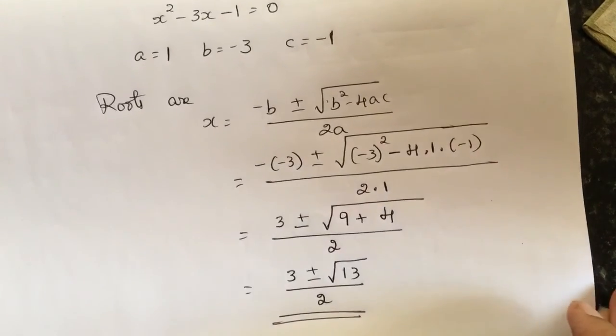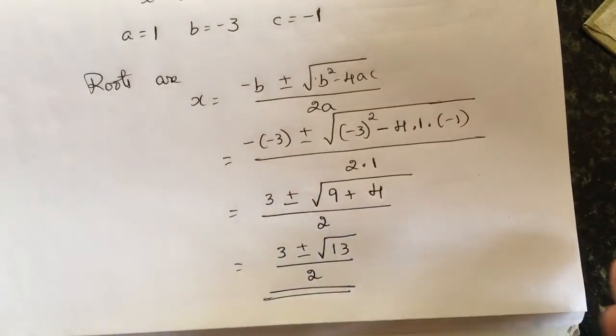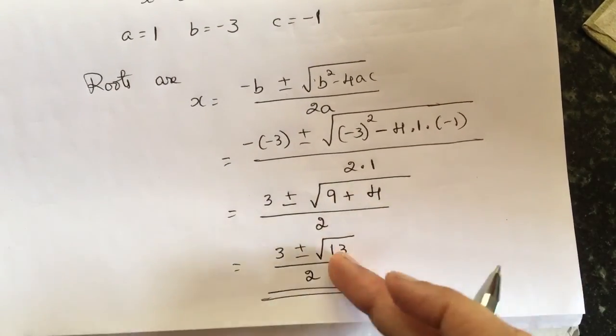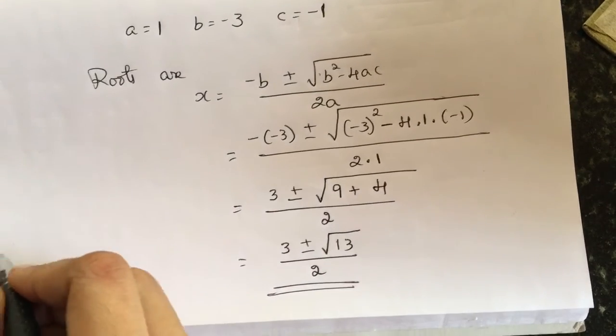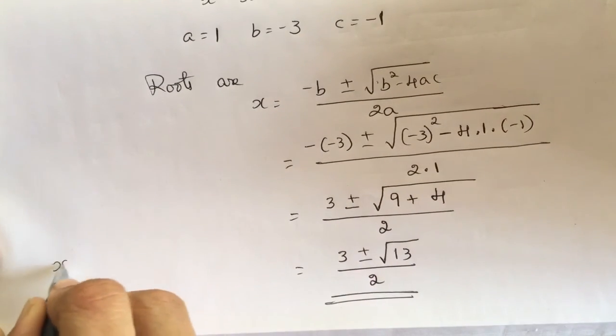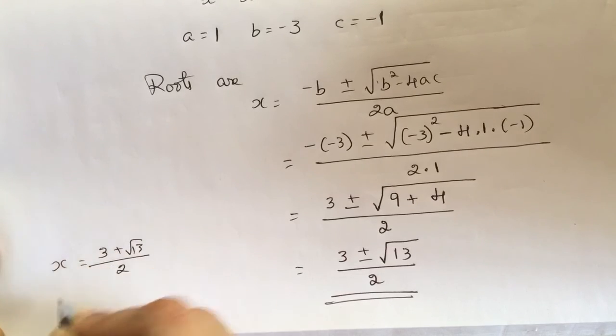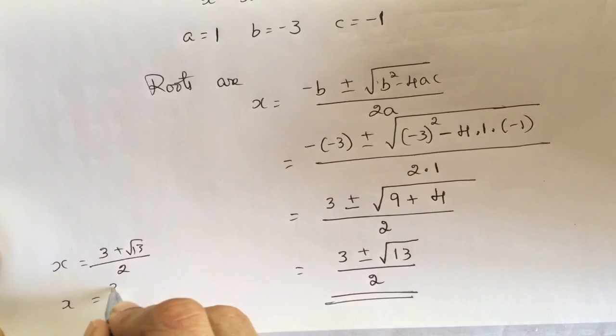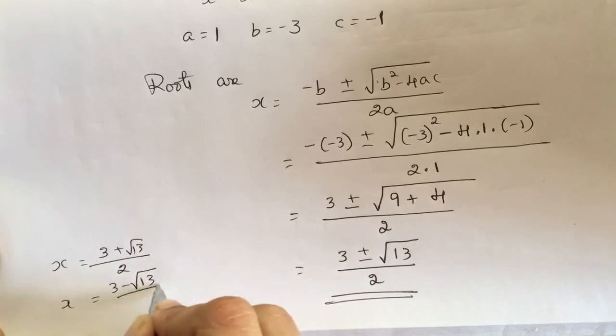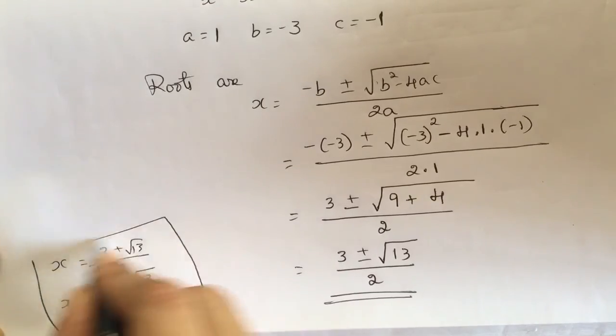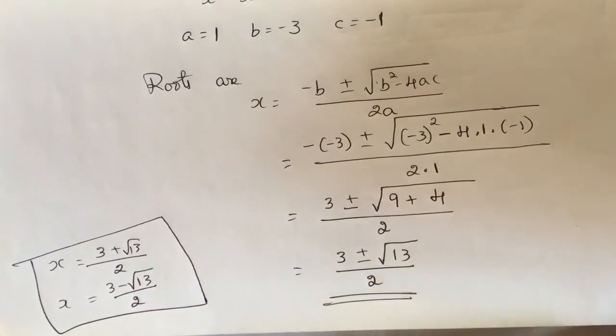These are the roots. Once you take positive and another time you take the negative value. If you want, you can write it like this also. X equal to 3 plus root 13 by 2, one root, and another root is 3 minus root 13 by 2. These are the roots, two distinct roots.